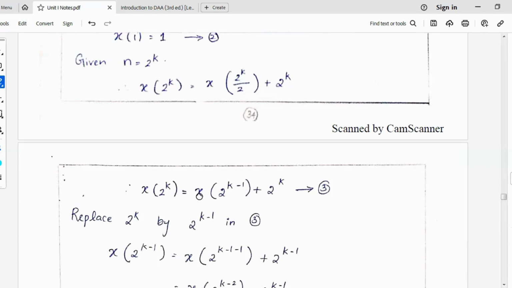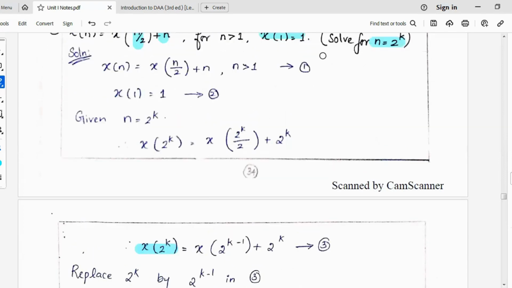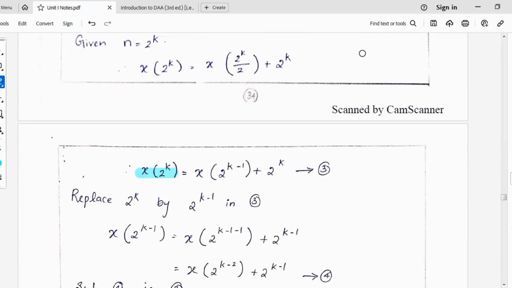This is a recurrence relation. When we are replacing this n by 2 power k, why is this step done? Because it is given, right? We have to solve for n equal to 2 power k. Okay.